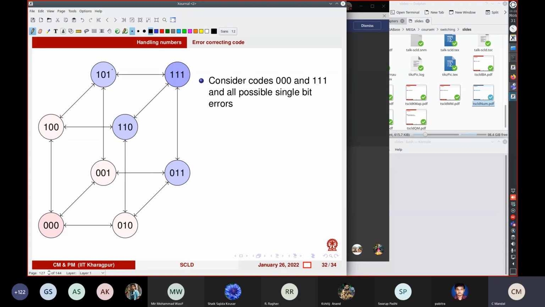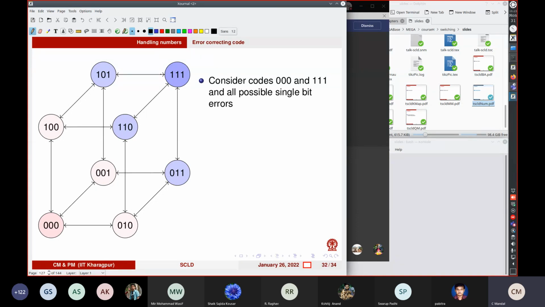So all the erroneous codes are also non-overlapping, because the distance is 1 between the correct code and the erroneous code, and between the erroneous codes also you have a distance of 1. So that allows you to correct the error. This is what happens when you have a single bit error.